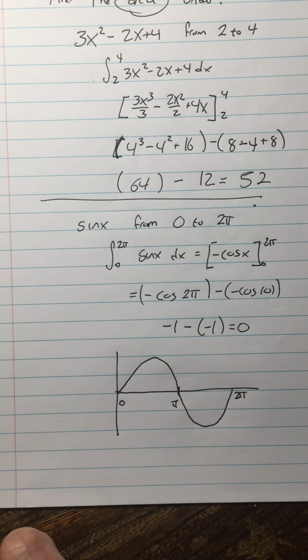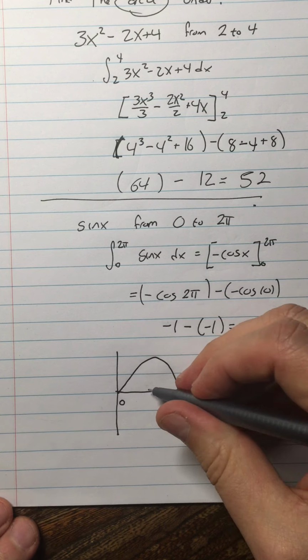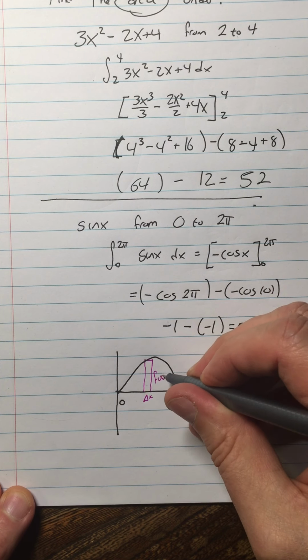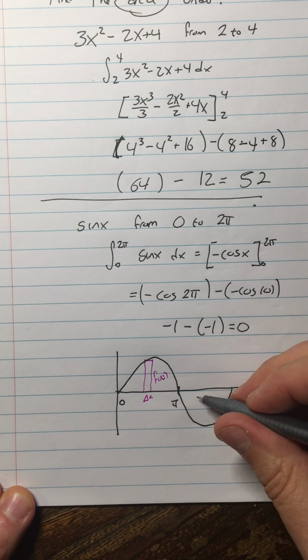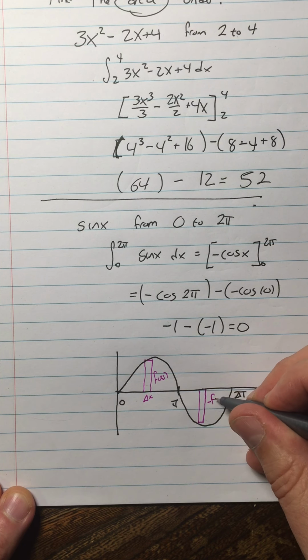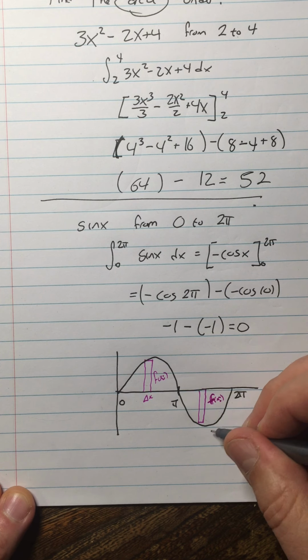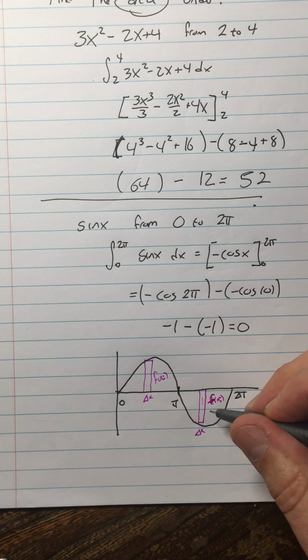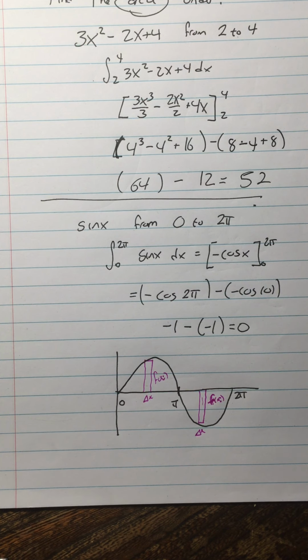You know how we're finding all our areas by doing a delta x times an f of x sub i? Well, when you're over here, the value of the function is negative. Well, it's still f of x sub i, it's just negative. So these rectangles are counted by the integral process as negative.